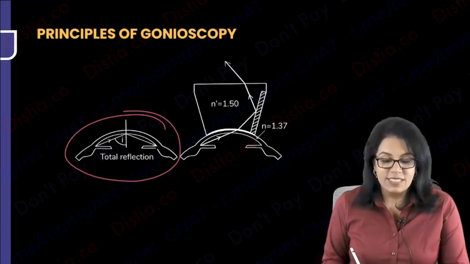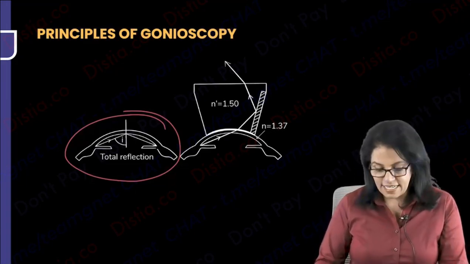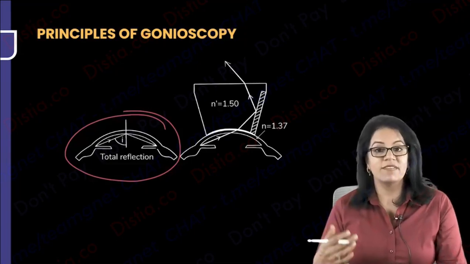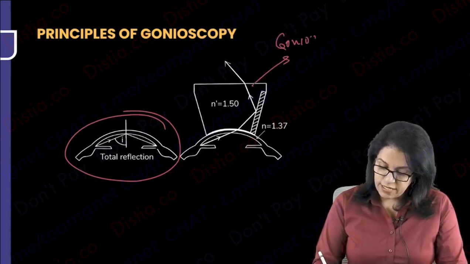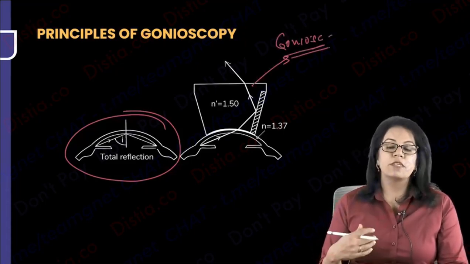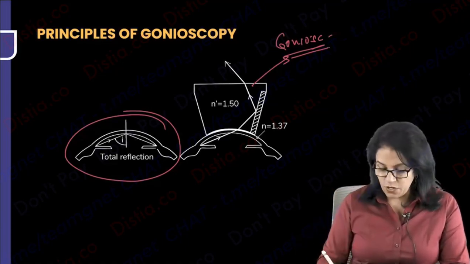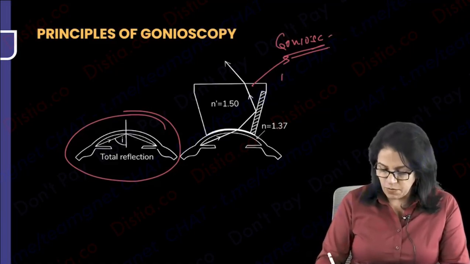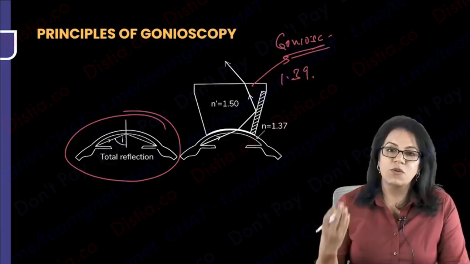To avoid this, we can change the density of the medium, the refractive index of the medium, by using a gonio lens. Right? For air it is 1 and for aqueous humor it is 1.33, so it was from more dense to lighter. Now you are putting a gonio lens. It can be 1.38, 1.39, 1.5, whatever the index of the gonio lens.